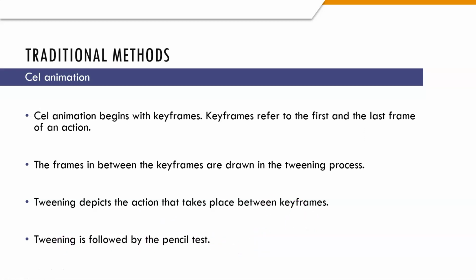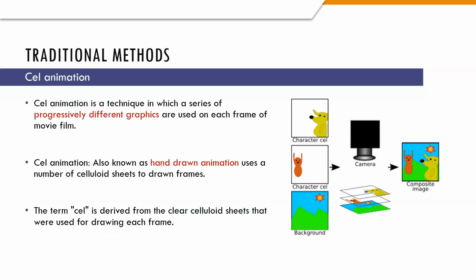All these terms we will use also in computer animation. So this is the imagination of how you draw using the cell. Imagine the cell is something like your drawing paper. Cell animation, again, is a technique in which a series of progressively different graphics is used on each frame of movie film.